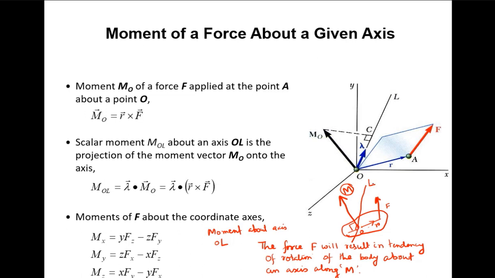Now if I have any arbitrary axis OL which is inclined at an angle say theta with respect to M, how can I find out moment of this force about axis L, which is also passing through this point O? So we will find the component along OL.